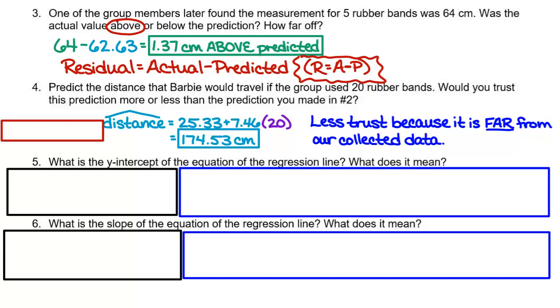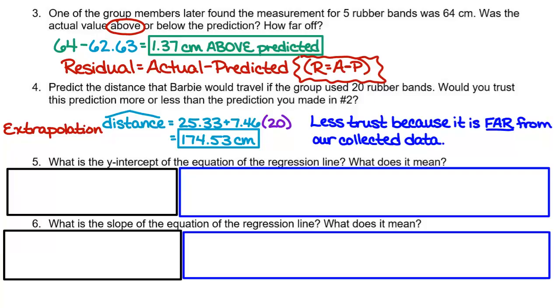My model is going to be pretty accurate as long as we stay close to the collected data. The farther out we get from our collected data, I can't promise that my model holds up that far out. My model works for the data that is near what I collected.